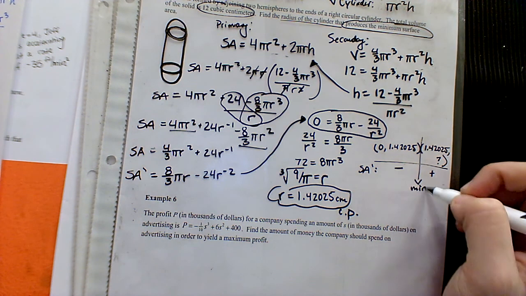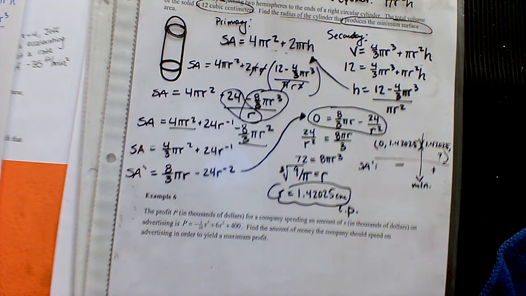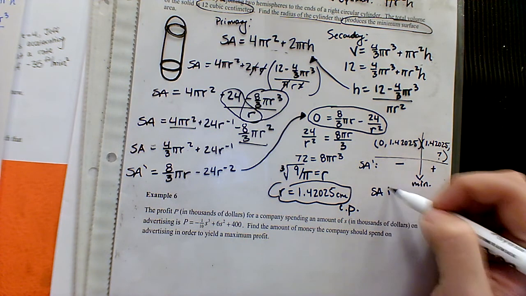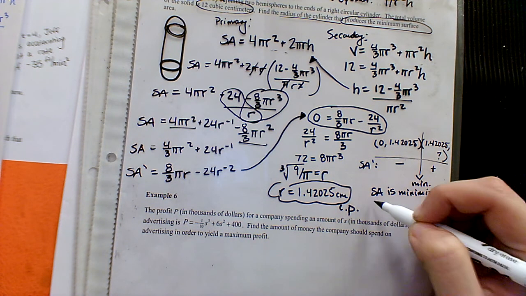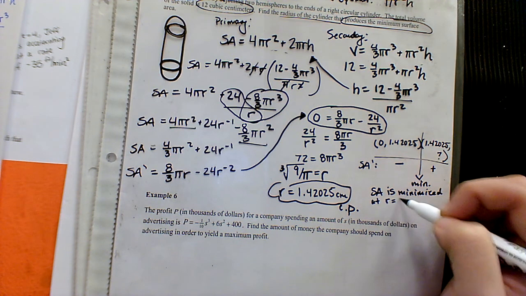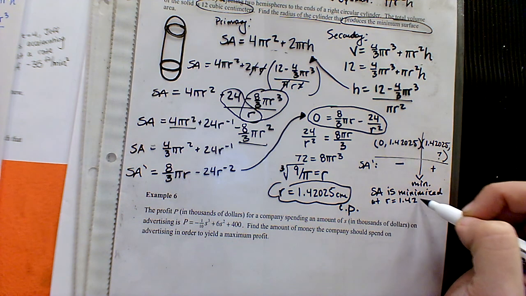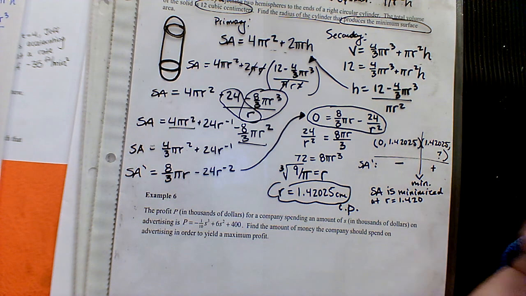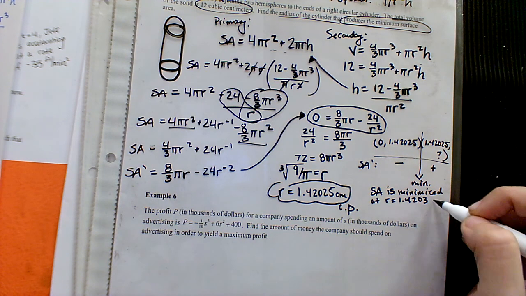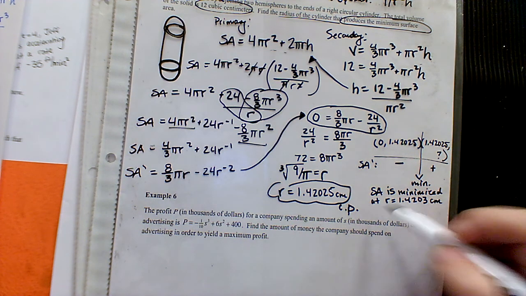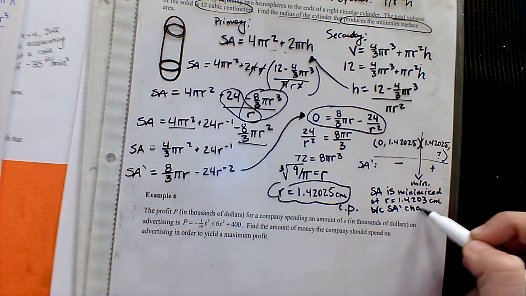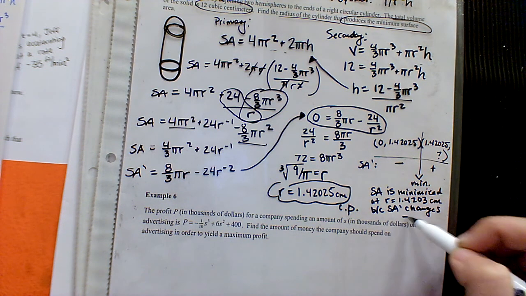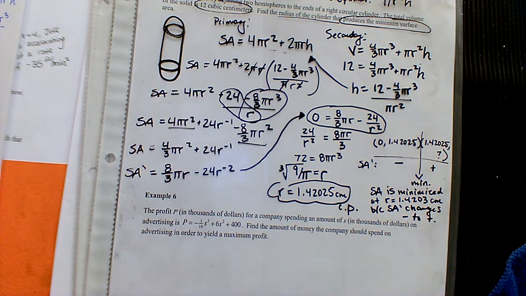So confirmed minimum. So we'll say surface area is minimized at r equals 1.420. If we go to 4 decimal places, chop it 2, round to 3, up to you. Because surface area derivative changes negative to positive.